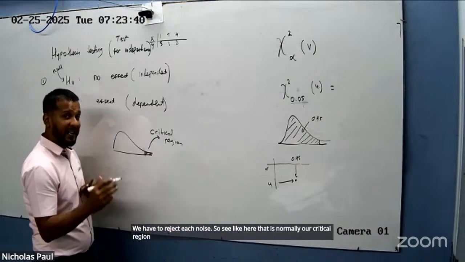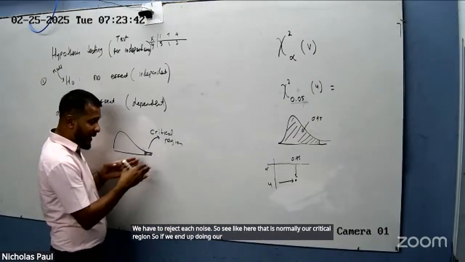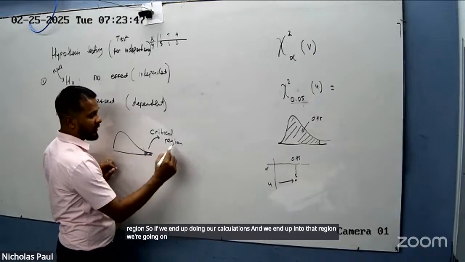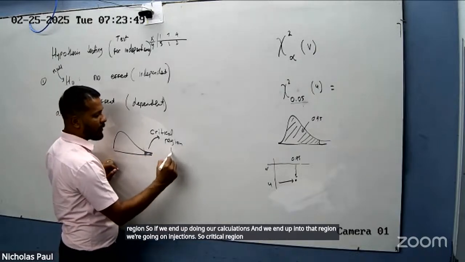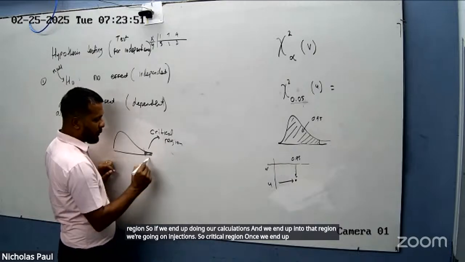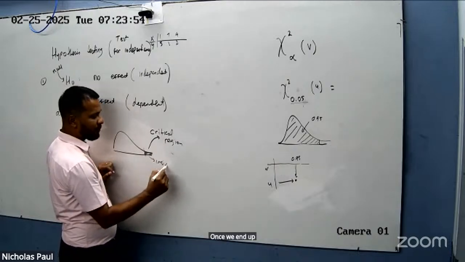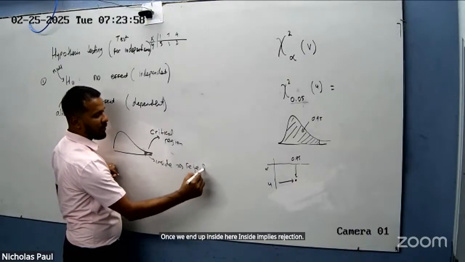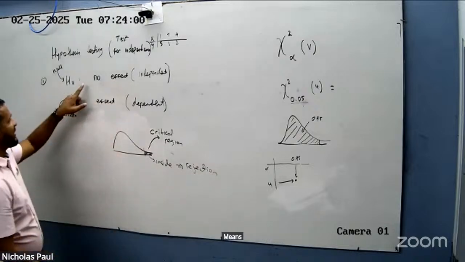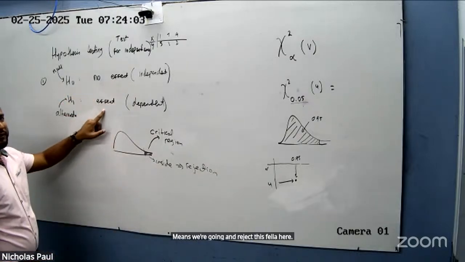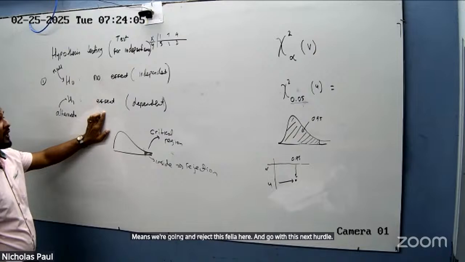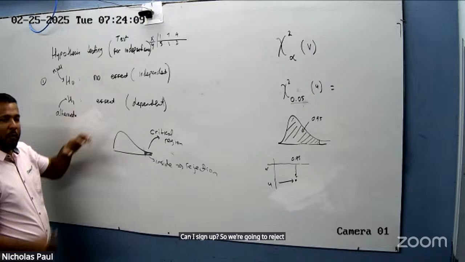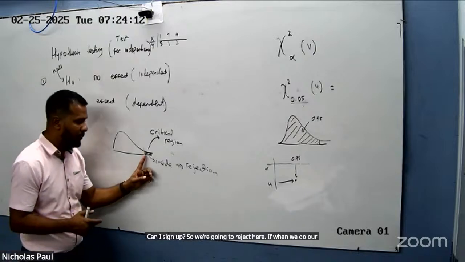If we do our calculations and we end up in that region, we're going to reject. So once we end up inside here, inside implies rejection. It means we're going to reject this one here and go with this next one here. Yeah, Sana? So we're going to reject if, when we do our calculations, we end up inside here.